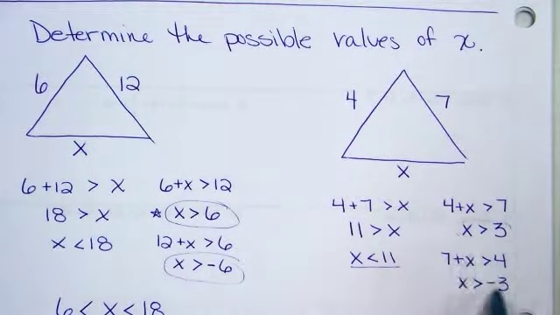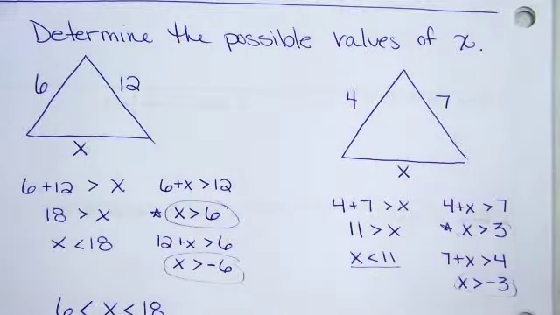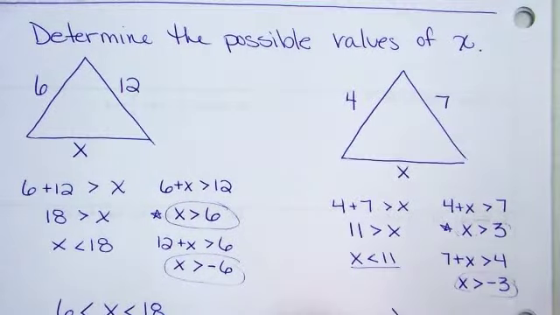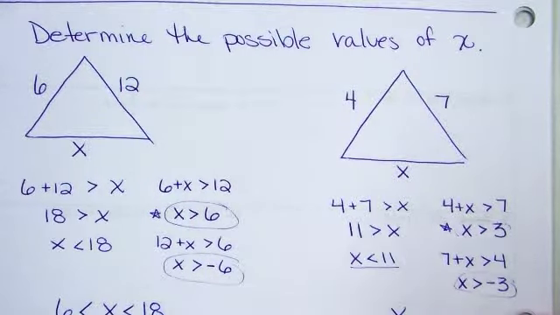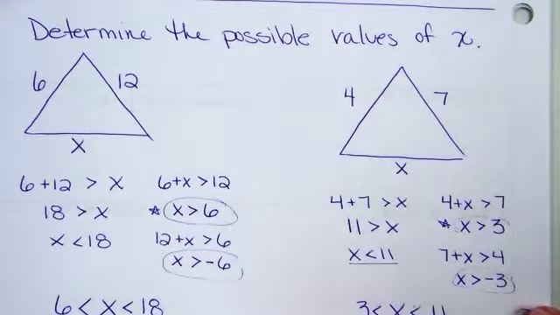If x has to be bigger than 3 and bigger than negative 3, then x has to be bigger than 3. Put my answer together. x has to be bigger than 3 but less than 11. Or x is between 3 and 11.